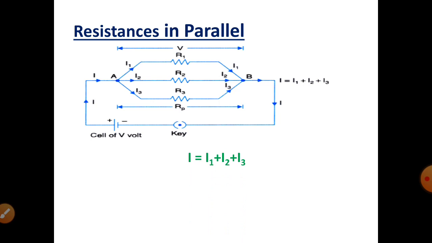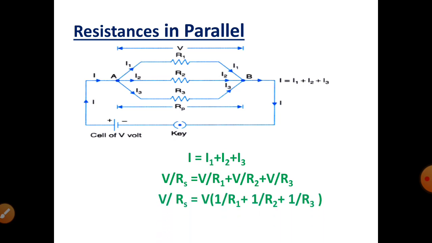Substituting these values in this expression, we can write V upon Rp is equal to V upon R1 plus V upon R2 plus V upon R3. Actually it should be Rp, so read it as Rp. So V upon Rp is equal to V, taking common, into bracket 1 upon R1 plus 1 upon R2 plus 1 upon R3.